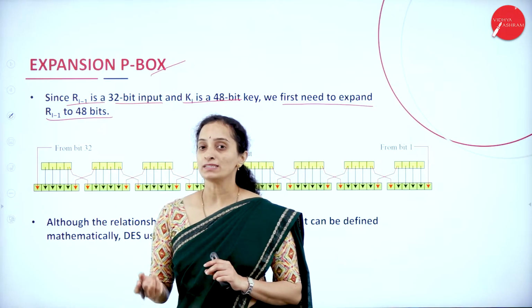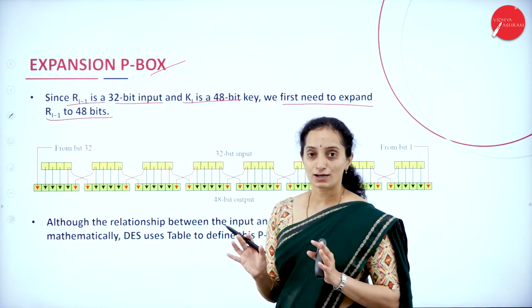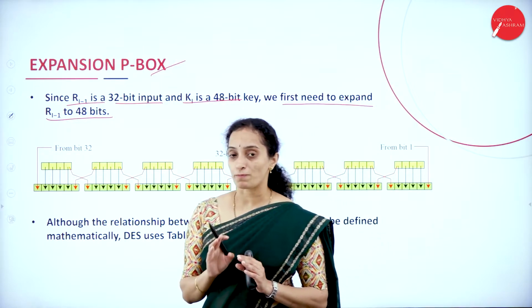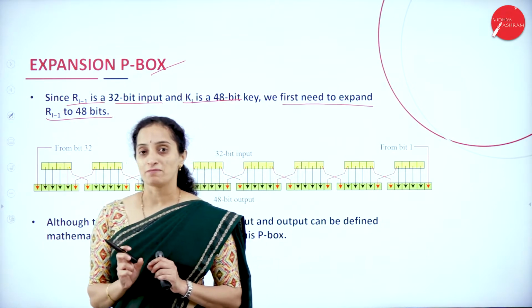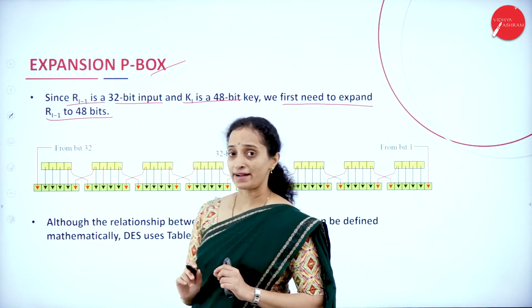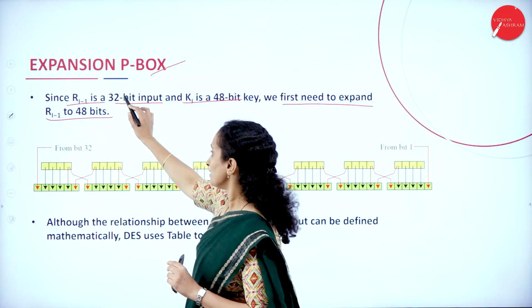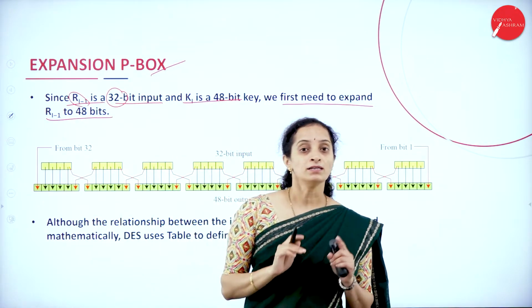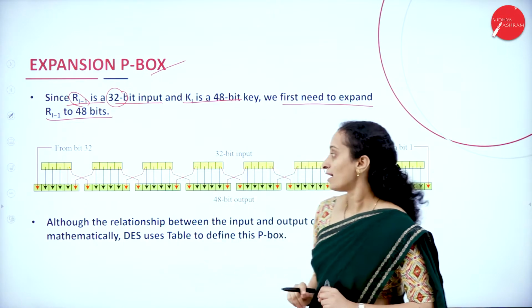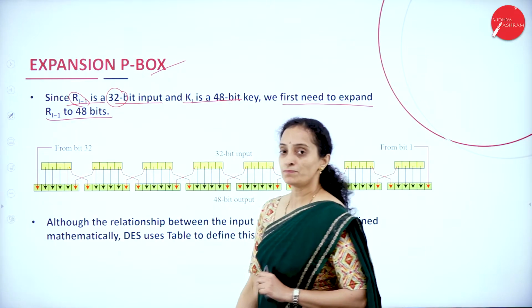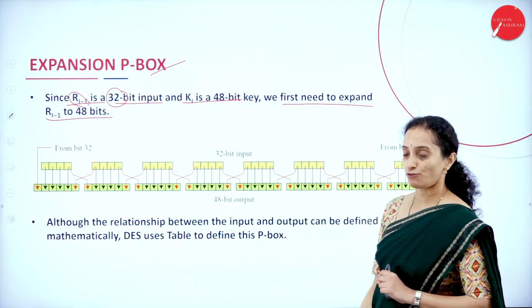From 32 bits, you have to extend it to 48 bits because you have to perform the XOR operation on 48 bits. So now we have to expand the input 32 bits from Ri-1 to 48 bits. How do you expand it? Here we have the diagrammatic representation of this.